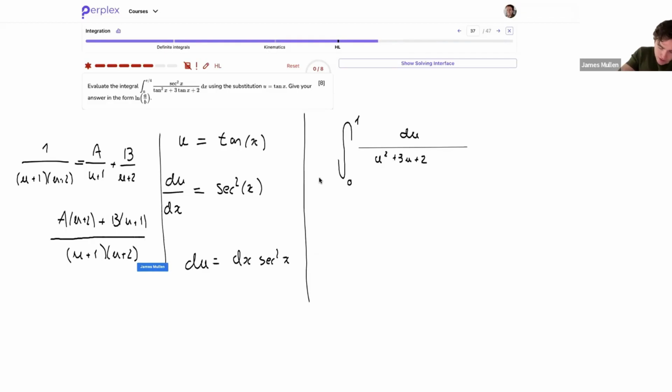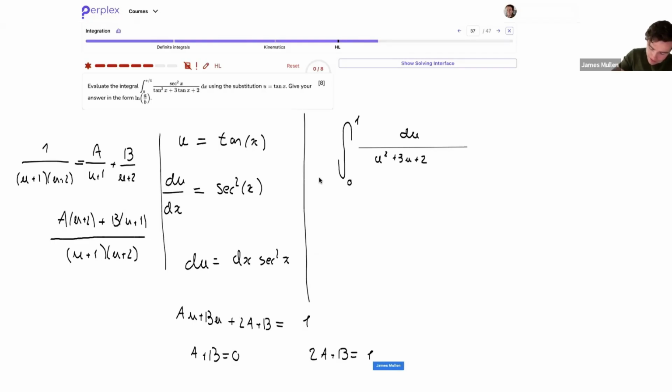Okay, and now collecting the terms, I have au plus bu plus 2a plus b, and that should equal just 1. So in other words, a plus b should be equal to 0, and 2a plus b should be equal to 1. If I subtract those two equations, I find a is equal to 1, and therefore b is equal to minus 1.